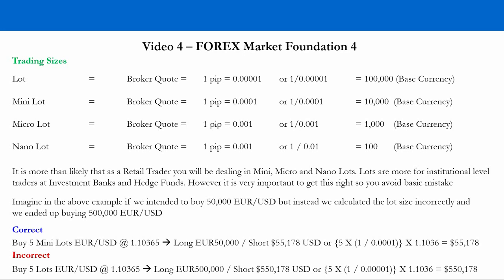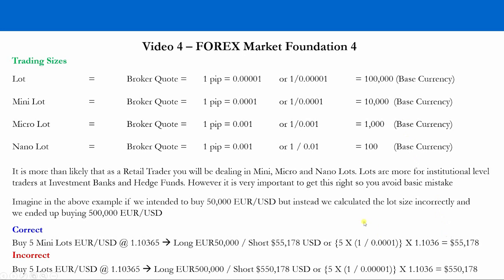Lots are in the size of 100,000 base currency, and instead of, for example, buying 10 mini lots with the intention of taking 100,000 exposure, you could end up buying the equivalent of 10 lots.